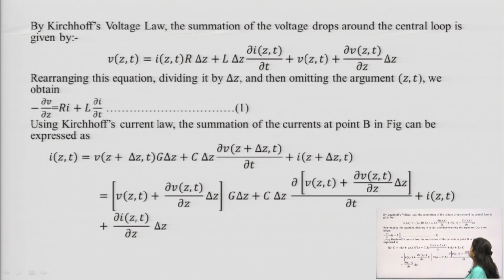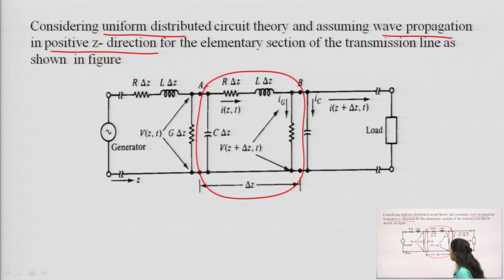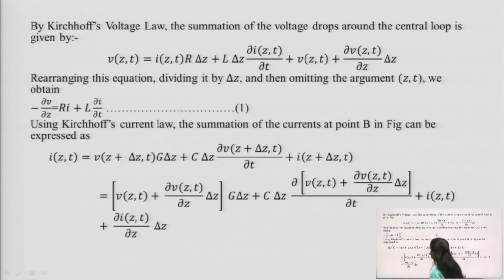So, the summation of the voltage drops around the central loop: you are able to see this figure, this is V(z,t), then R del z I(z,t), because we have taken a small component, so del z will always be included.